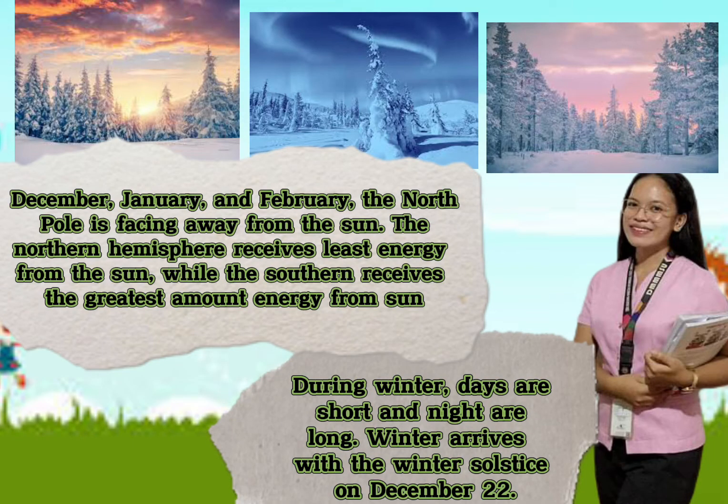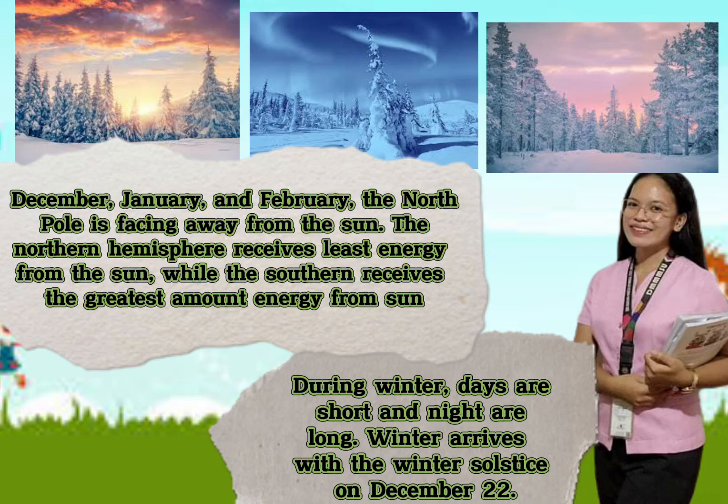During December, January, and February, the North Pole is facing away from the sun. The Northern Hemisphere receives the least energy from the sun, while the Southern Hemisphere receives the greatest amount of energy from the sun. During this period, the temperature in the Tropic of Cancer in the Northern Hemisphere is very low, while in the Tropic of Capricorn in the Southern Hemisphere it is high.